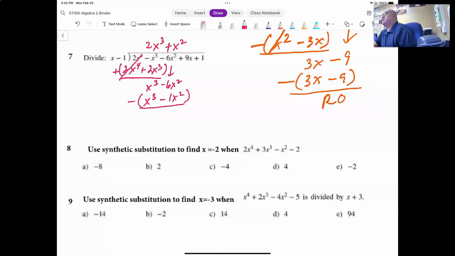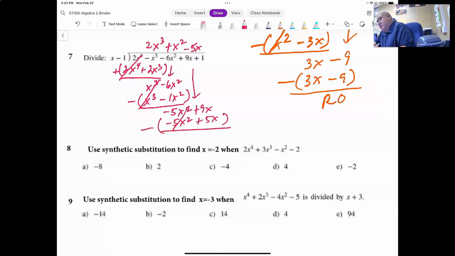You're going to subtract, and we have x cubed minus x cubed is 0. Negative 6x squared minus a negative x squared gives you negative 5x squared. Bring down the 9x. You multiply by negative 5x. Negative 5x times x gives you negative 5x squared. Negative 5x times negative 1 gives you positive 5x.